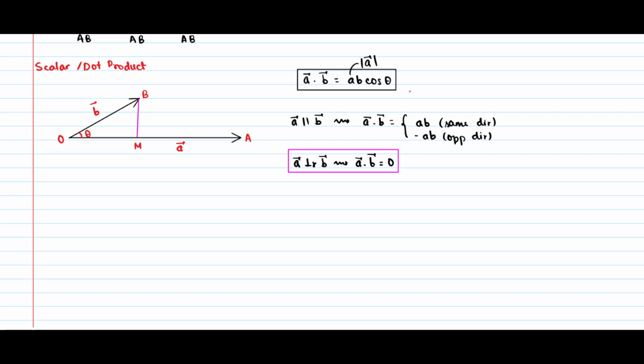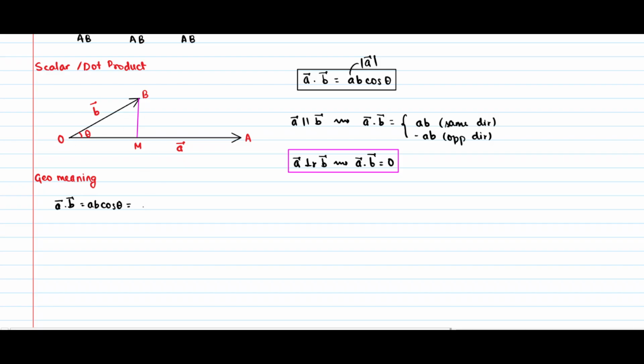So now we learned about scalar product, but what does this mean? To understand its meaning, we're going to have to look at the geometrical meaning and the physical meaning. Physical meaning is in equations in physics, whereas geometrical meaning is in figures. From the figure, we know that A dot B is AB cos theta, and B cos theta, you can see over here, is just the projection.